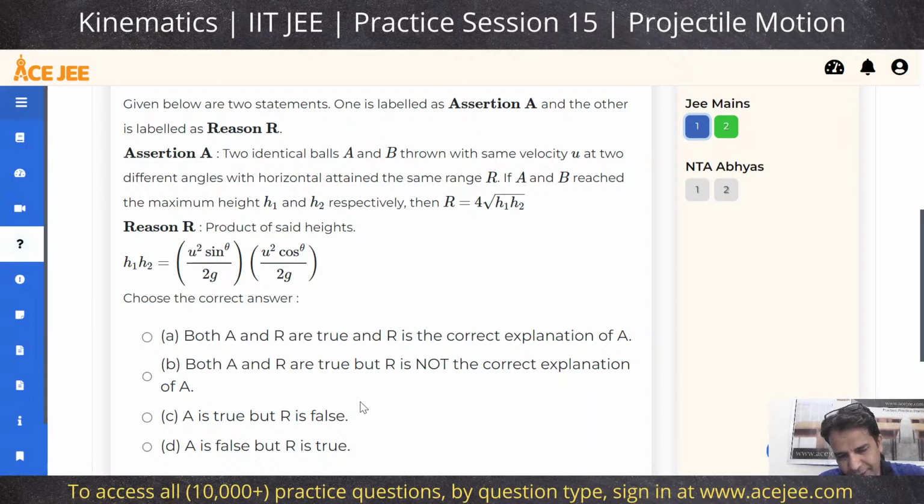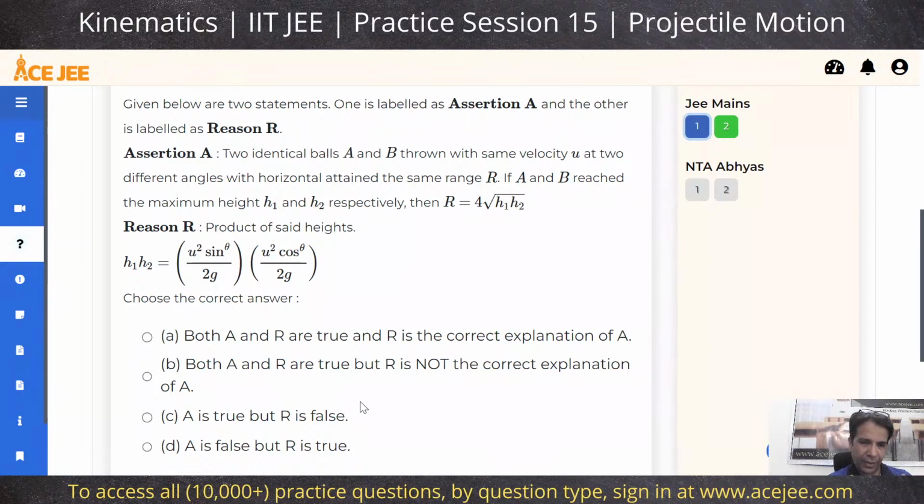Yeah, this is tough. So what you are saying is, well, this is part of the thing, right? H1, H2 is this, yes. But then you need to write down the formula for range as well, so that we can then say, yes, your explanation is complete, right?